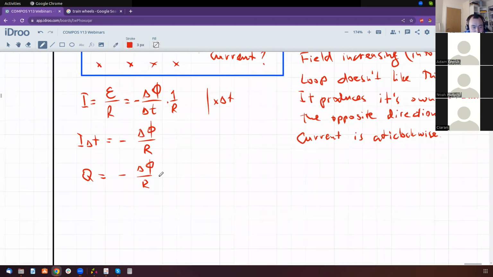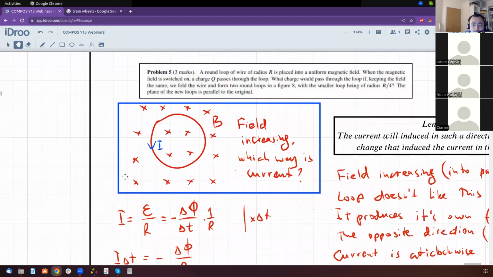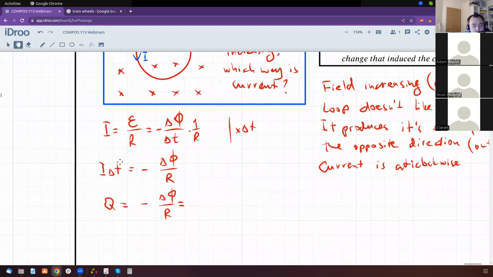Which is equal to, that's a bad idea because R is the radius of the loop. So small r.